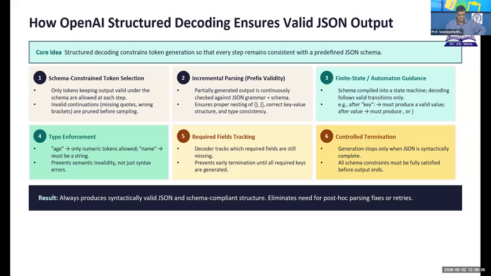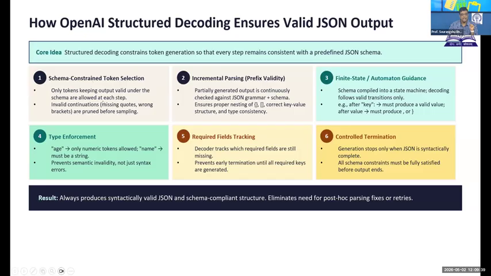So here I am just mentioning how OpenAI's structured decoding works. In what steps does it work? When you provide an input, we'll come to the code in a minute, but you provide a schema for the structured output, for example a JSON schema or something like that.